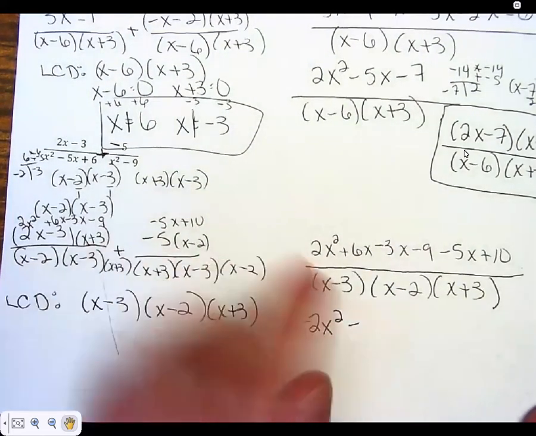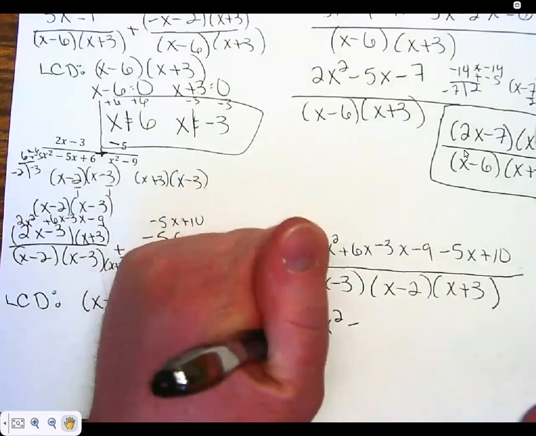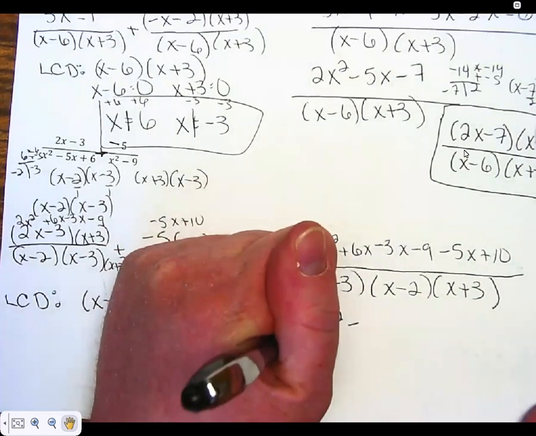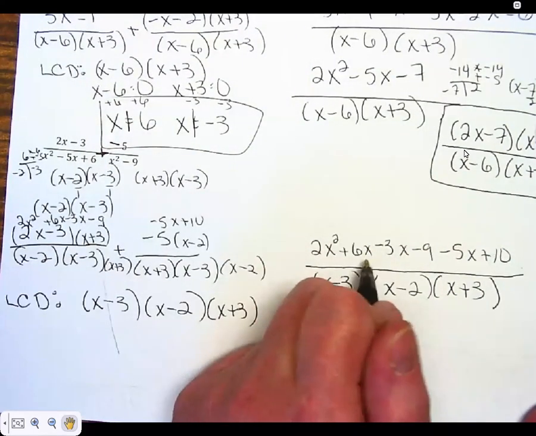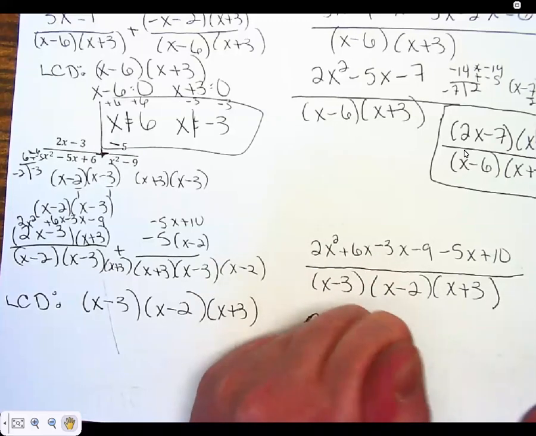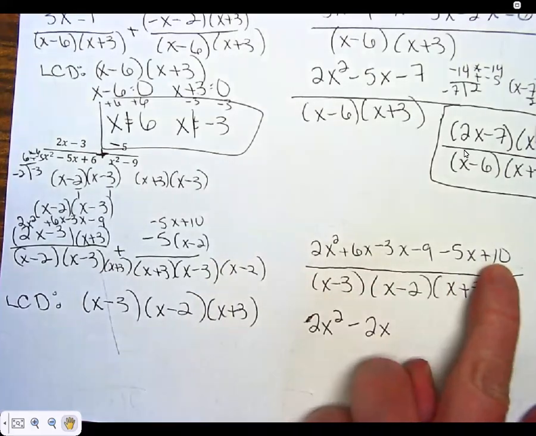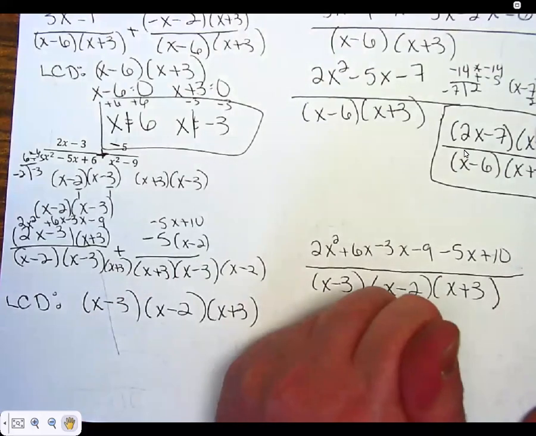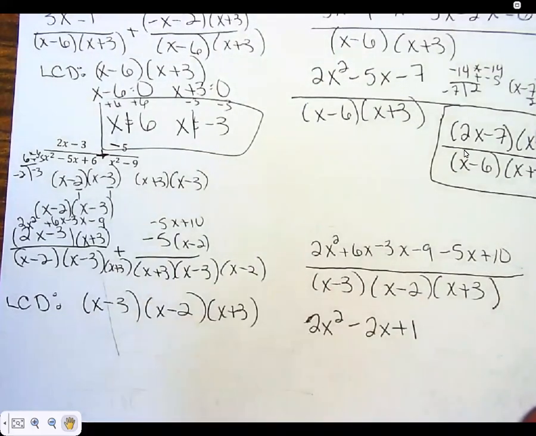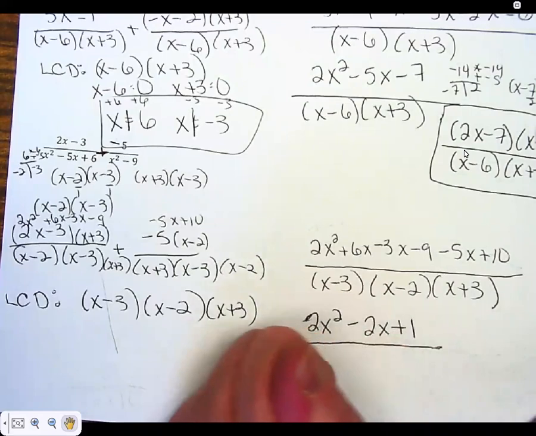This little thing that looks like a minus is just me being sloppy with my pen. So we're going to make it look like an extra big 2. So then you get minus 2x. Negative 9 and 10 is going to be plus 1. Okay, over all this nonsense.